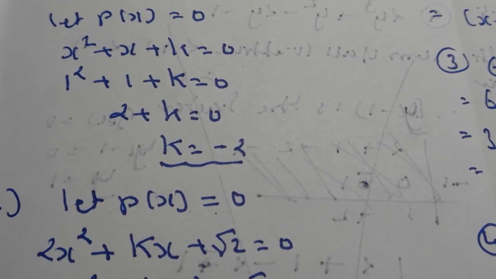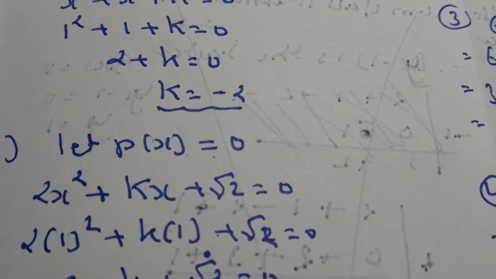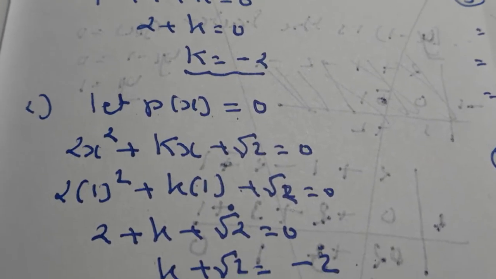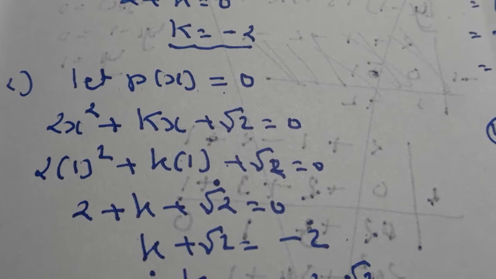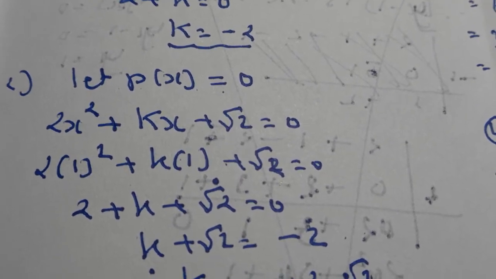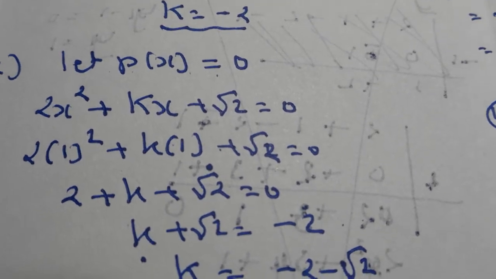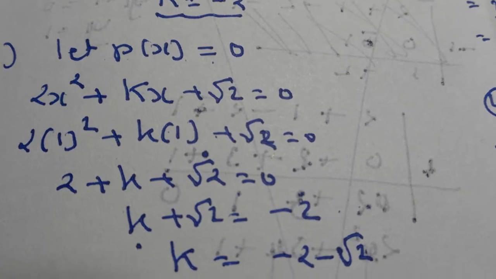Again p(x) is equal to 0. So 2x square plus kx plus root 2 is equal to 0. We know that the value of x is equal to 1. So 2 into 1 square plus k into 1 plus root 2 is equal to 0. So 2 plus k plus root 2 is equal to 0. 2 is shifted on the right hand side, becomes minus 2.